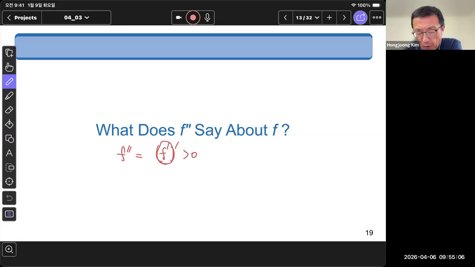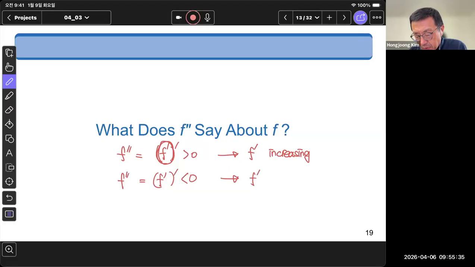Then this inner function before differentiation is increasing. So if f double prime is positive, then f prime is increasing. And if f double prime is negative, then f prime is decreasing.